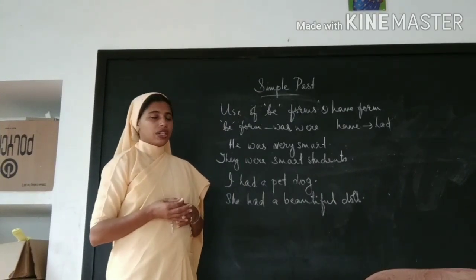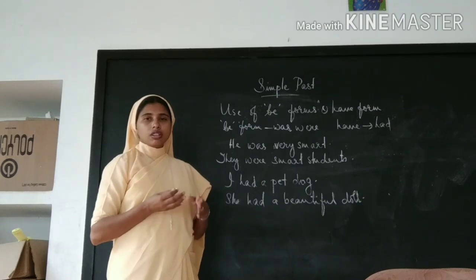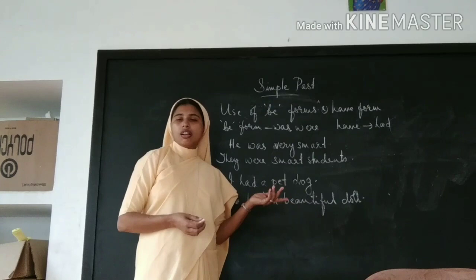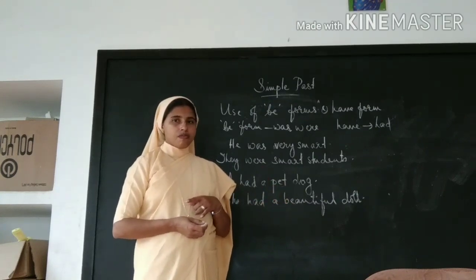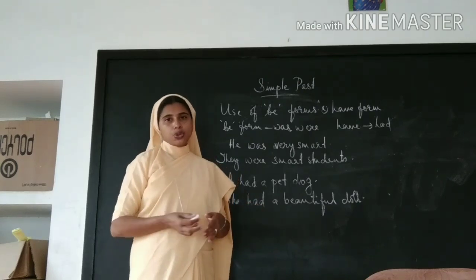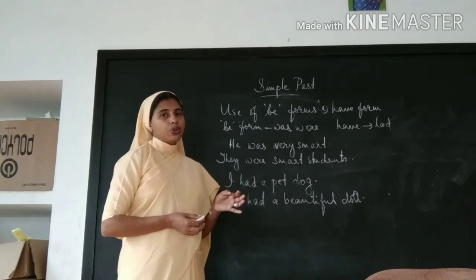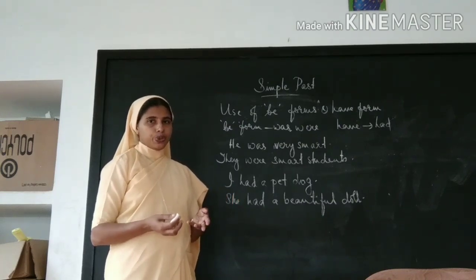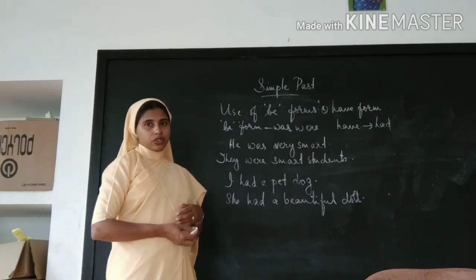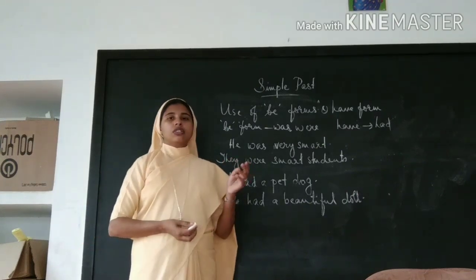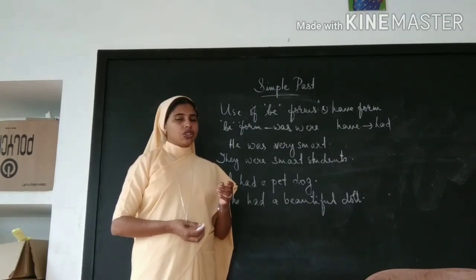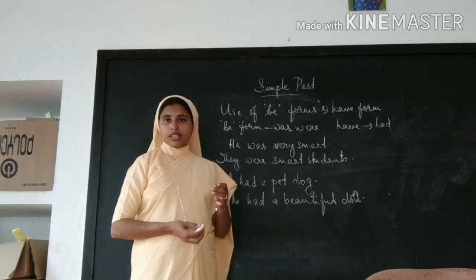In simple present tense, we have used be forms. Which were the be forms which we used in simple present tense? With I, we used am. I am a teacher. I am a student. With you, we, they, we used are. And with he, she, or it, we used is: she is, he is, it is.